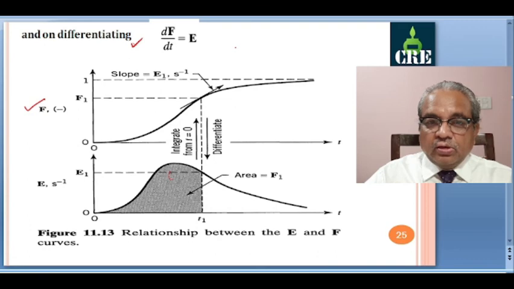So this is the relationship. If you have the exit age distribution, you can get this area F representing this, and this complete area is 1 here and this is 1 here.